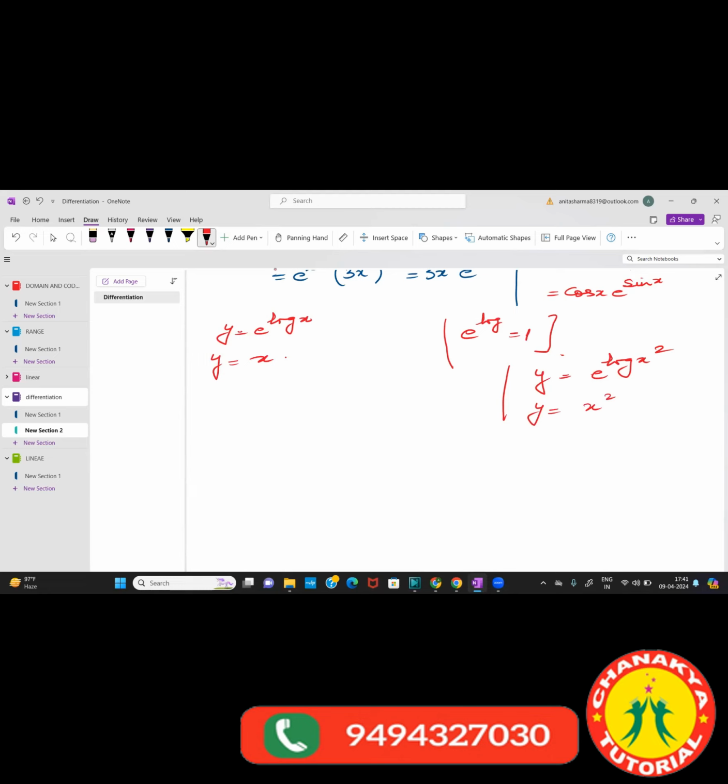So the differentiation of x will be 1. And tell me the differentiation of any constant term. 0. Yes, the differentiation of any constant term is 0.